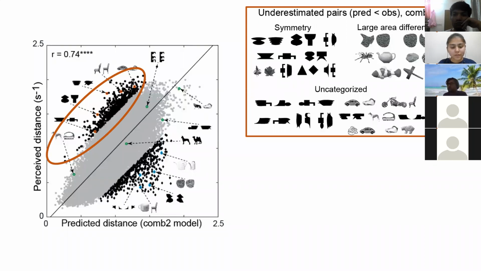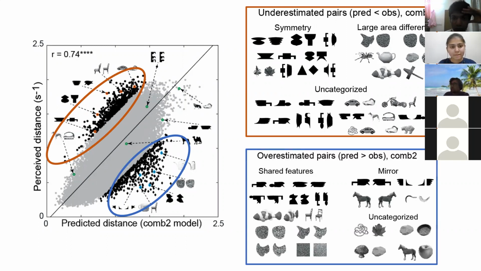On the other side, if you look at the bottom right corner of the scatter plot, these are the images where the model thinks that they should be more dissimilar than in human perception, right? The predicted distance is more compared to the observed human dissimilarity measurements. So what are these object pairs? We found that most object pairs in this group actually had shared features or were mirror images of each other.